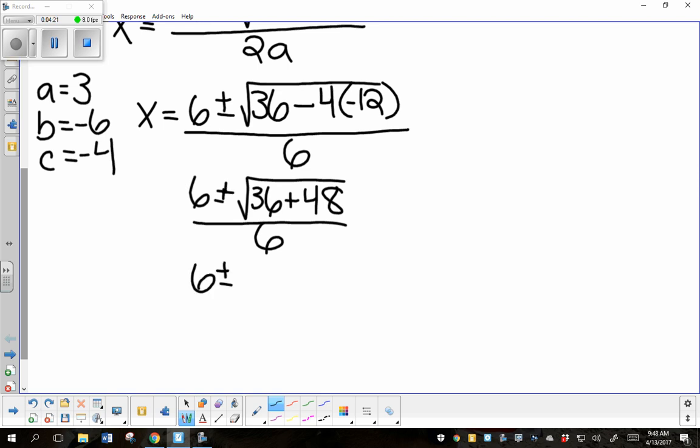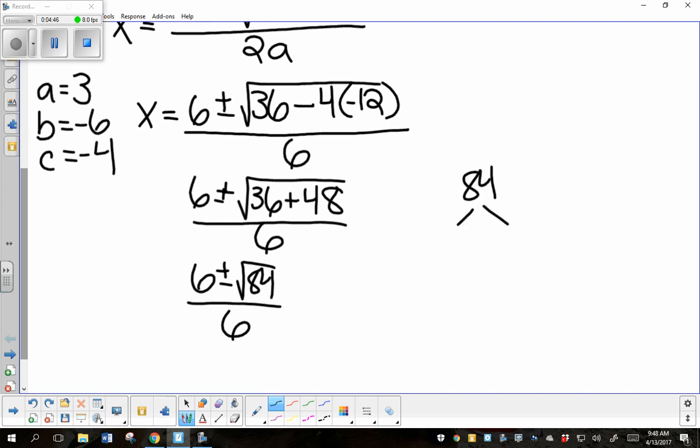All right, so we've got 6 plus or minus, what's 36 plus 48? 84. Square root 84 over 6. Can I cross out this 6 and this 6? No! But what should we probably check for? Yeah, the 84. So we want to check for, can we break this down?